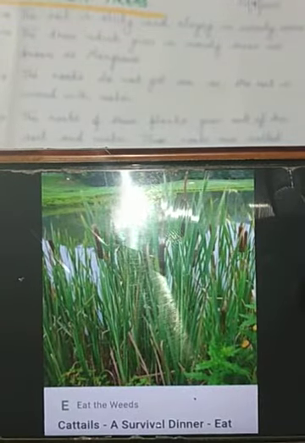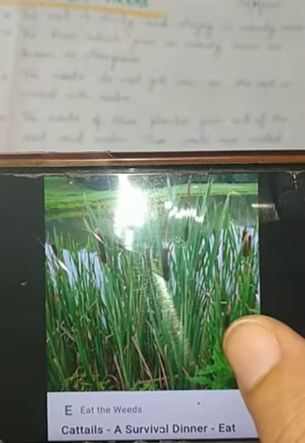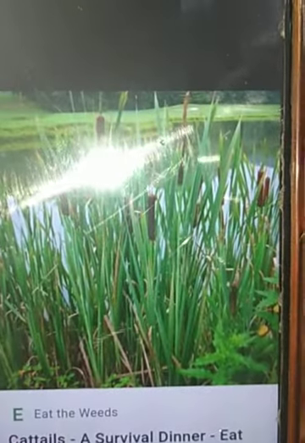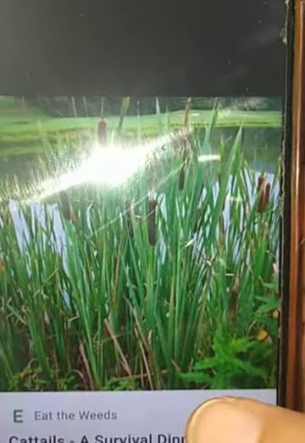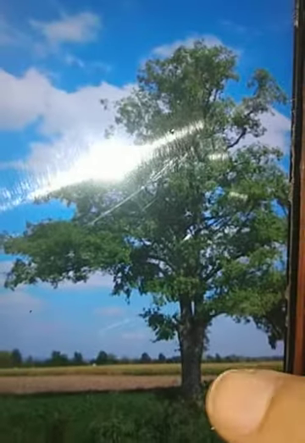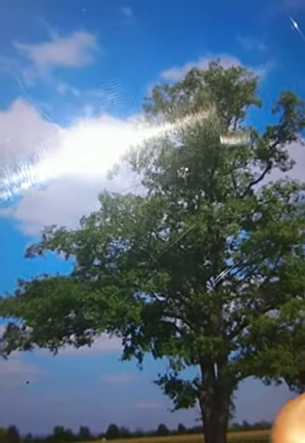This is the example of cattails. This is also a plant which grows in marshy areas. You simply say cattails. Next, this is also an example of a plant, and this is known as alders. And these are known as papyrus.